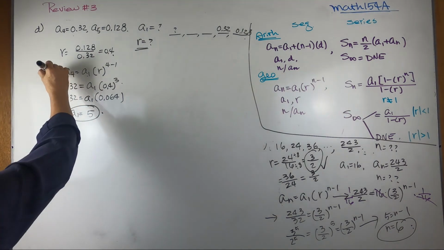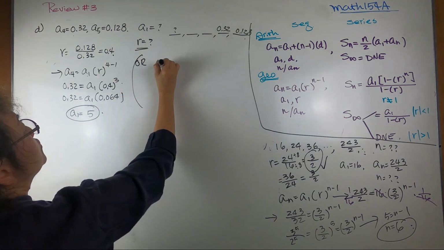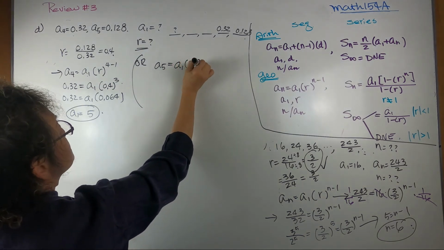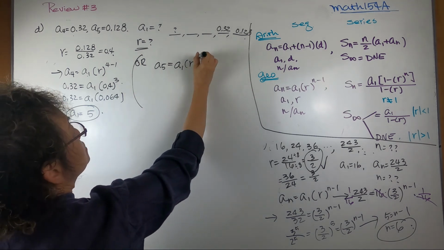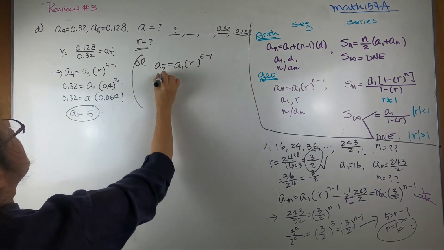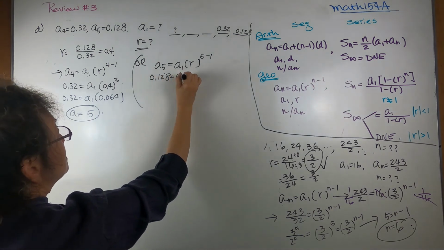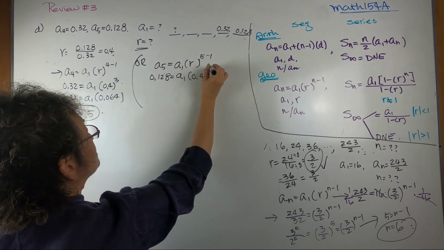Okay, you can use A4 to do it, or you can use A5 to do it. A5 would be A1 times R to the 5 minus 1, we just practice it again. A5 is 0.128. We don't know A1, but we do know R is 0.4 to the 4th power.